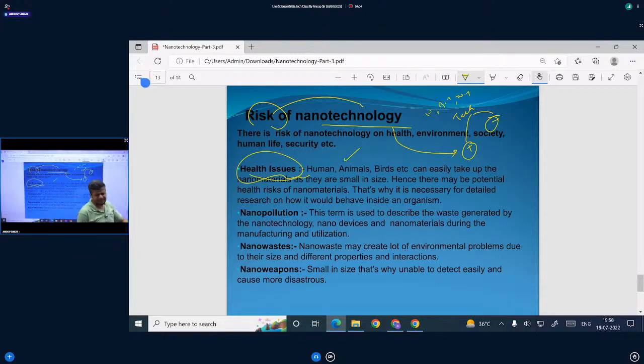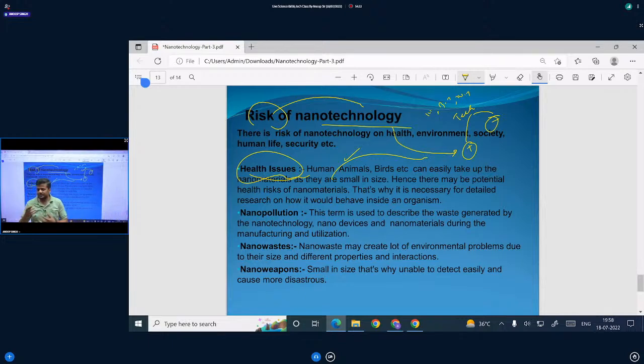As you know very well, these nanoparticles are very small in size. Okay. They can easily spread in the environment. So it can easily impact the health condition of humans, birds, and animals also. So how do they impact their body? Long research is required.